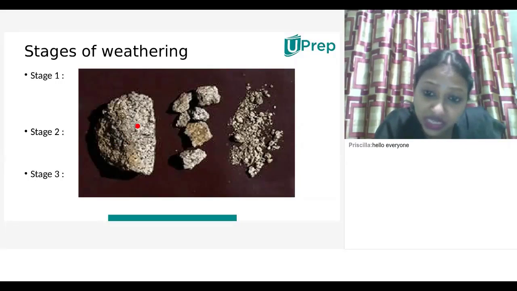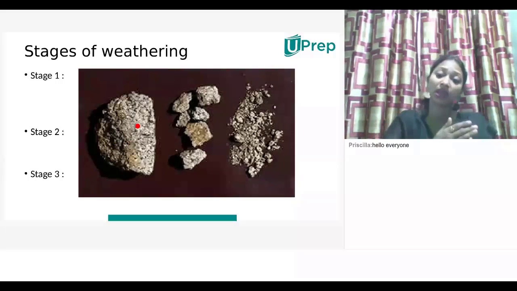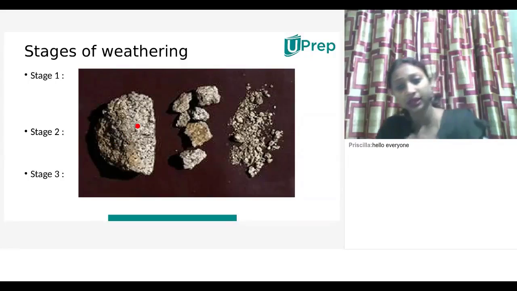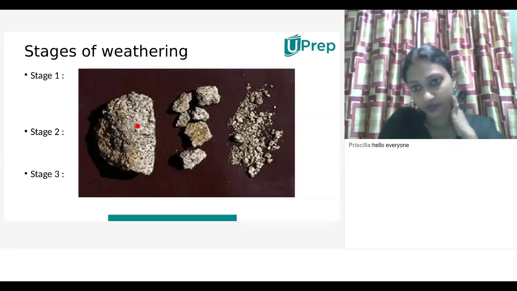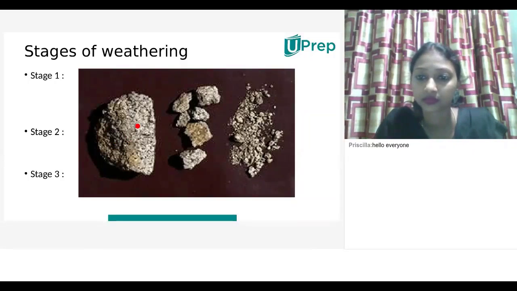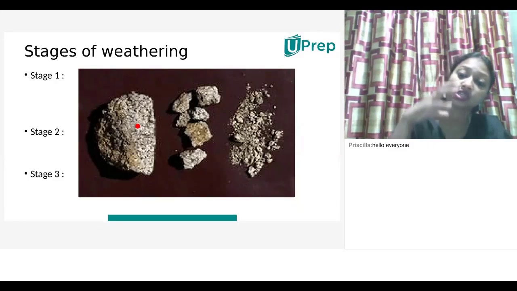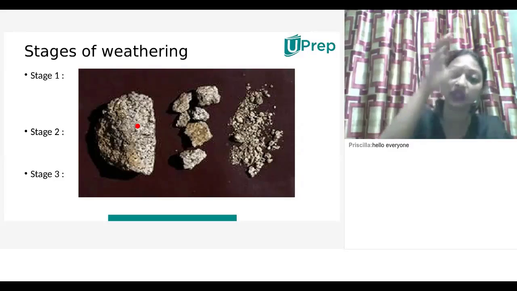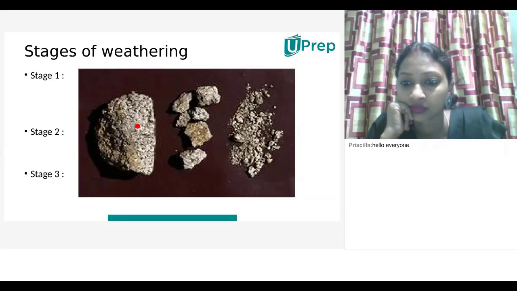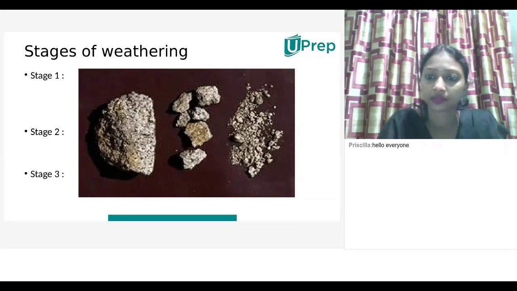In the first stage it may undergo physical weathering and then chemical weathering may take place. Understood? In stage 2, it converts into smaller pieces compared with the parent rock. Understood? Yes, ma'am.